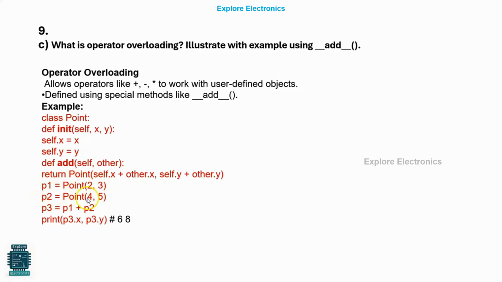Again p2 is the same with the coordinates 4 and 5. p3 will add p2 and p1. Here it will return; print p3.x and p3.y. For p3.x I will get 6 and for p3.y I will get 8.